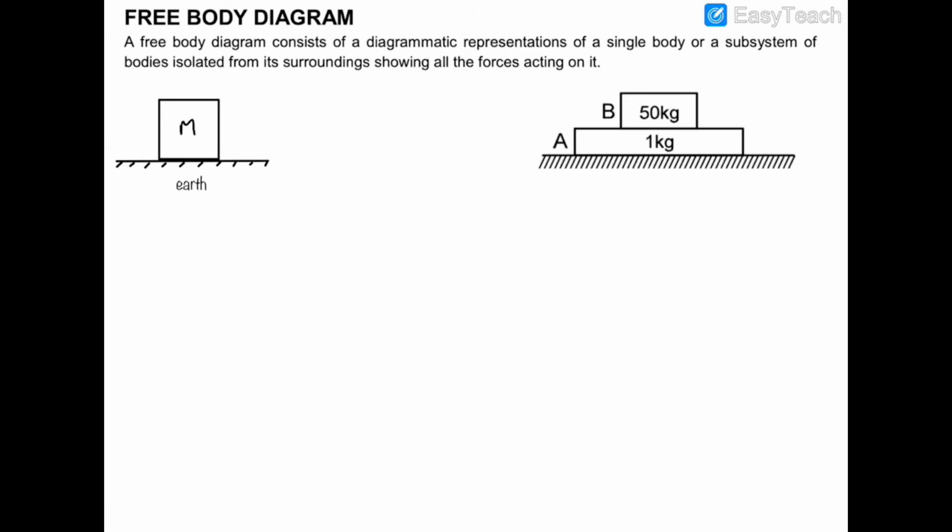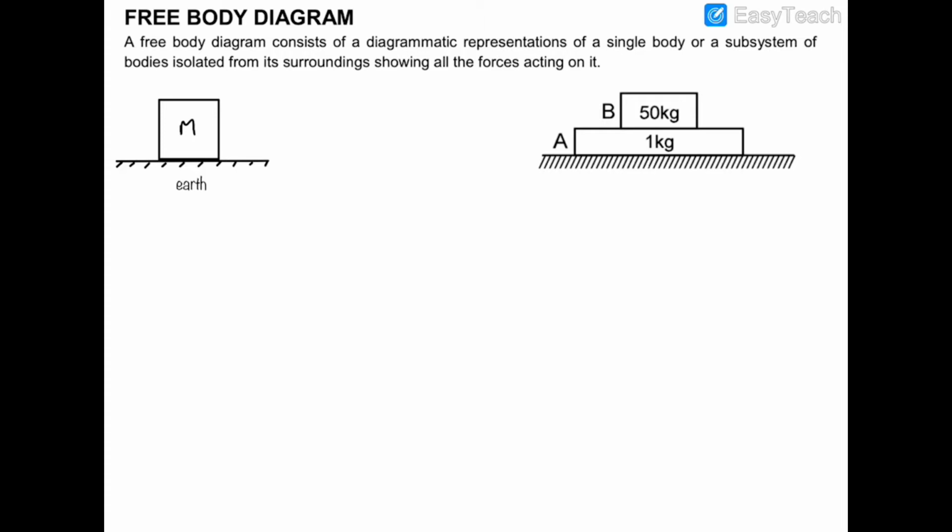Hi guys, today in this video we will discuss a very important and significant topic of NLM, which plays an important role in almost all the chapters of mechanics as well as in physics.